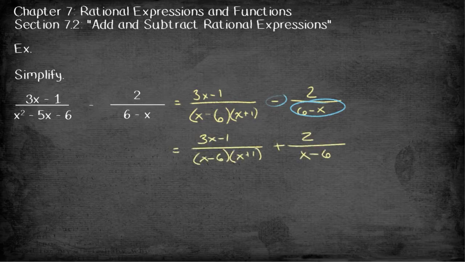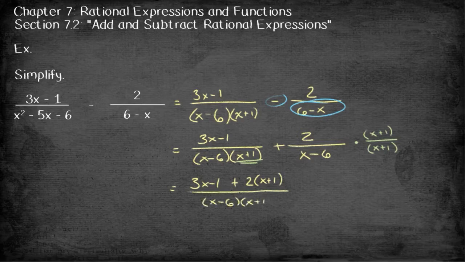All right, and now to get a common denominator, if I multiply the second rational expression by x plus 1 over x plus 1, I think that'll get me where I need to go. We end up with 5x plus 1 upstairs and x minus 6 times x plus 1 downstairs.